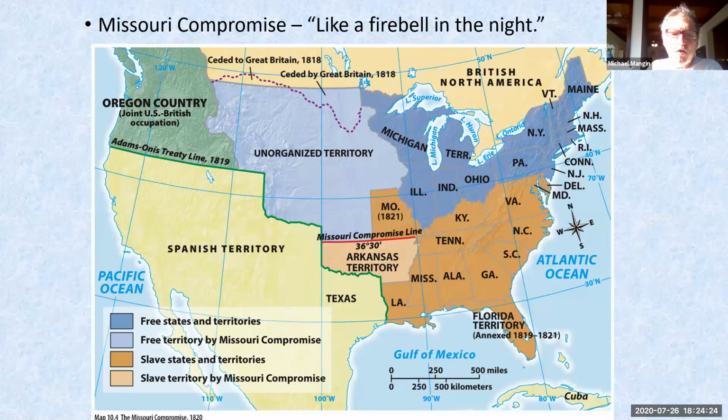The southern border of Missouri was at 36 degrees, 30 minutes north latitude. And the Missouri Compromise line said you can't have slavery north of that line in the future admission of states in the unorganized territory of the Louisiana Purchase. So this was something that limited the expansion of slavery.